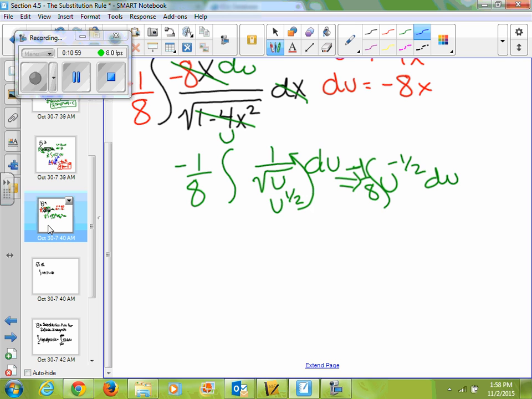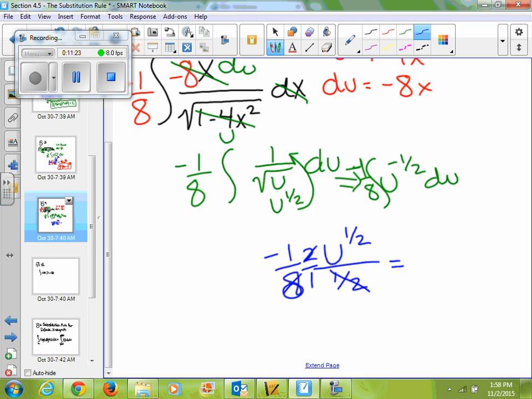So let's integrate that. -1/2 plus 1 is 1/2. So this becomes u to the 1/2 divided by 1/2, and I still have my -1/8 out front. Dividing by 1/2 is the same thing as multiplying by 2 over 1.